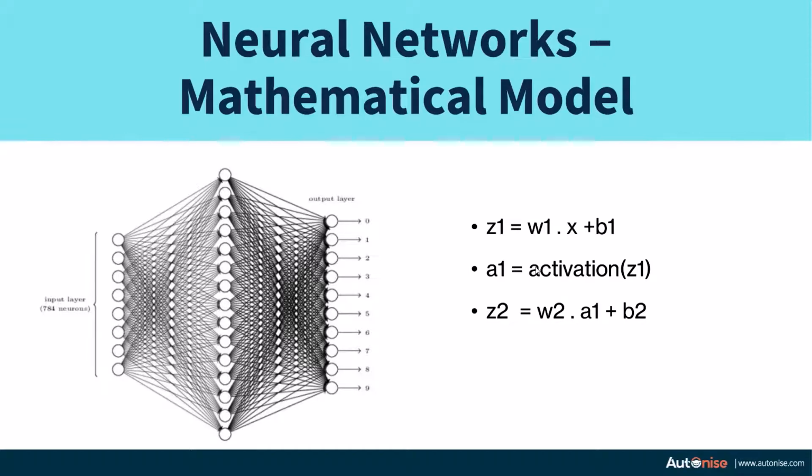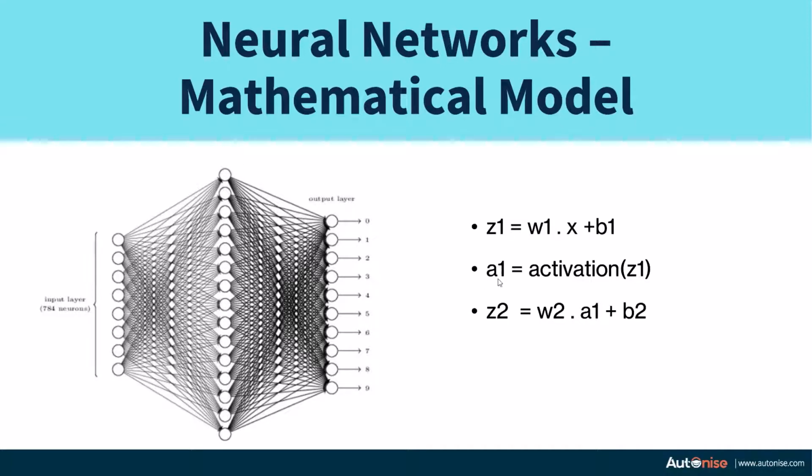For sigmoid, the activation function became 1 by 1 plus e to the power minus x. And if you use that activation function, let's say a sigmoid activation function, then instead of calling it perceptrons, you call it neural networks. So when you use the sigmoid activation function, you get A1, which is the output of these neurons.